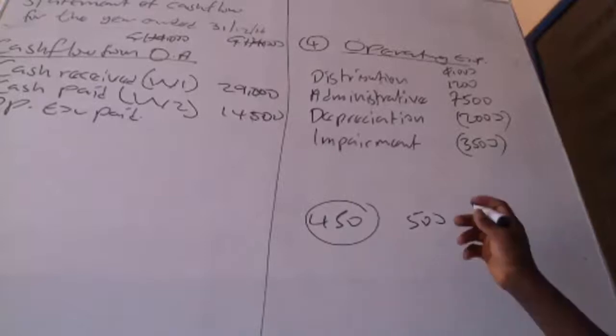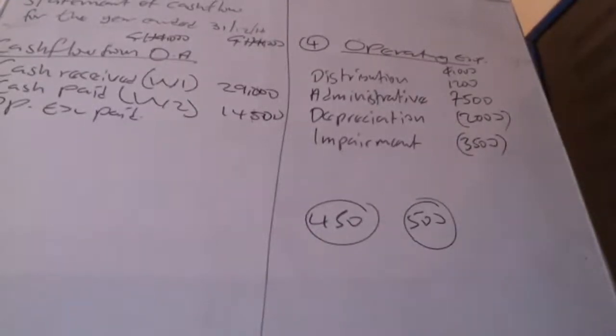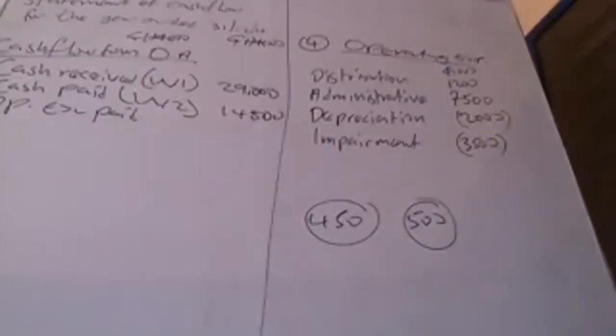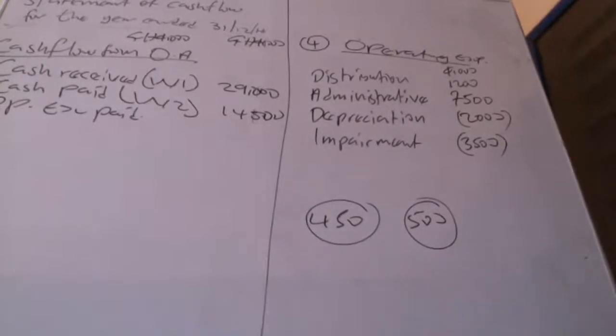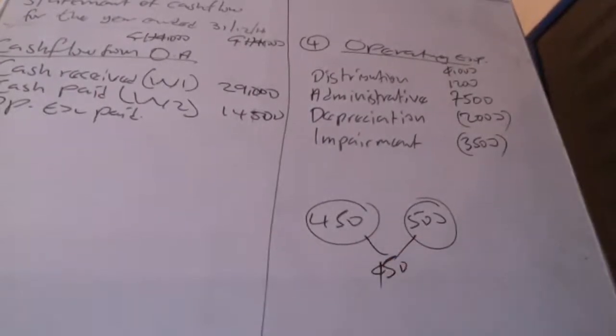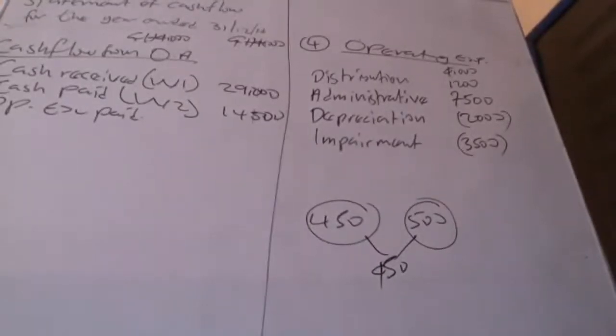At the end of the year, the prepayment is 500. That's the opening balance and closing balance. It's on the financial statement. It refers to admin expenses paid in advance. So if administrative expenses have been paid in advance, it has increased during the year by 50. So it means that during the year, admin expenses were paid in advance by 50.